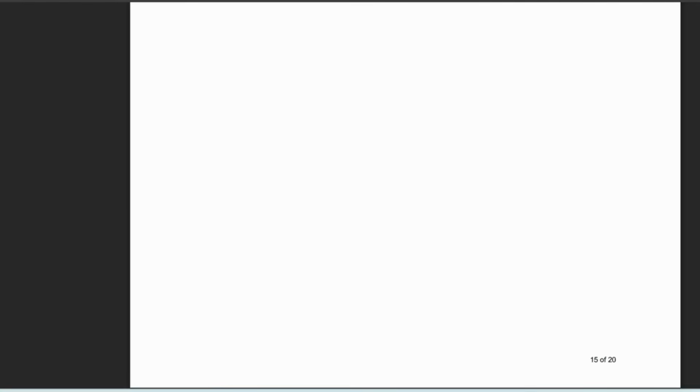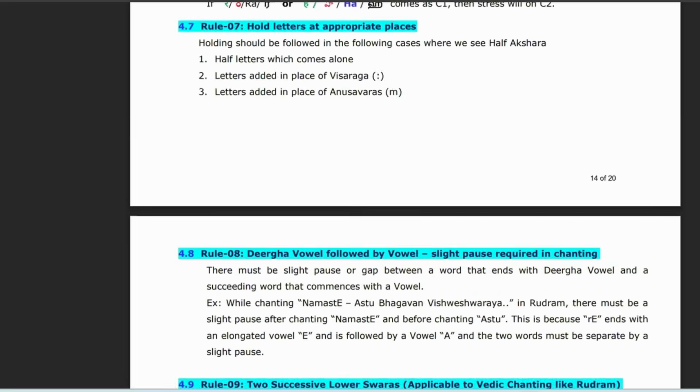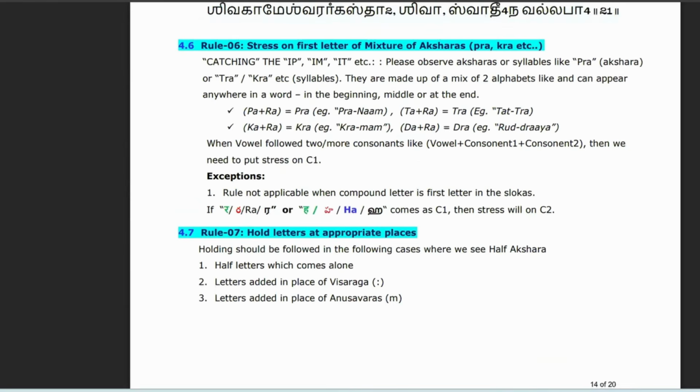So that's the hold or stress on the first letter of that Samyukta Akshara. We have seen multiple examples of these whenever we were chanting. Again, whenever we are chanting, I'll point it out and we'll try to catch those holdings.